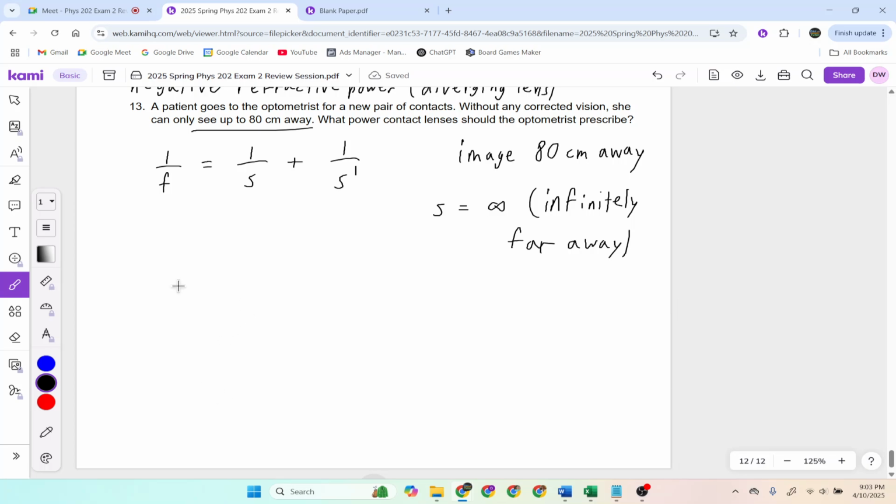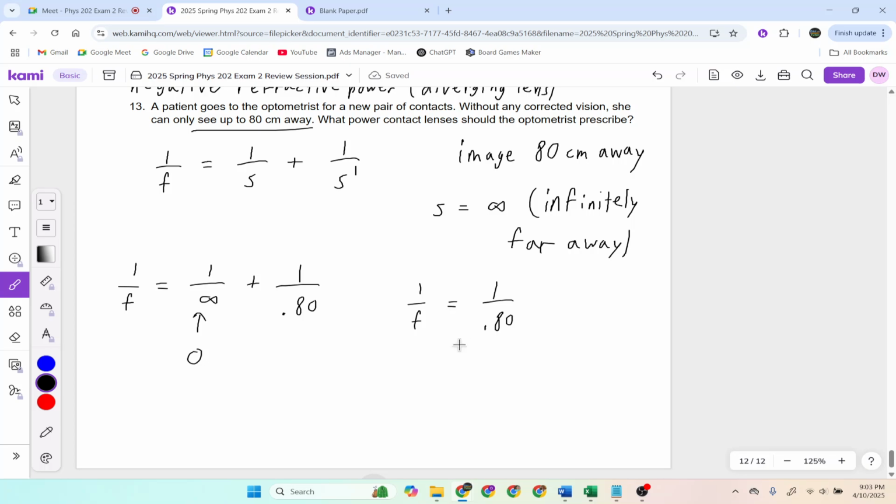So, anyways, 1 over f equals 1 over infinity plus 1 over, careful, 0.80. Remember what I said earlier. These are the only problems you have to convert to meters. Fun fact, 1 over infinity is 0. I know you don't have an infinity button on your calculator, but just trust me. So that means 1 over f equals 1 over 0.80.